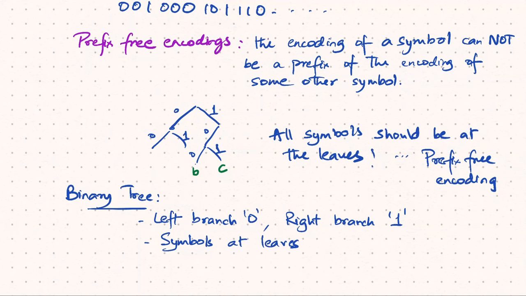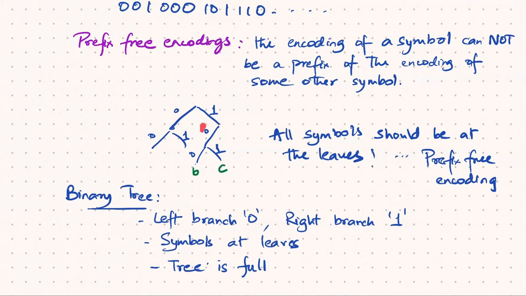Another condition that we will ask for is that the tree is full. So the binary tree is a full binary tree. Do you remember what a full binary tree was from a long time ago? A full binary tree requires that no internal node has exactly one child.